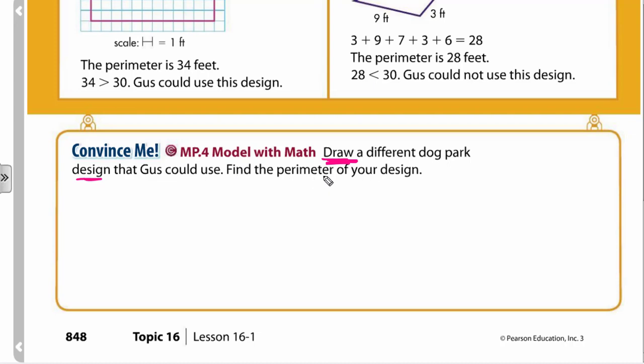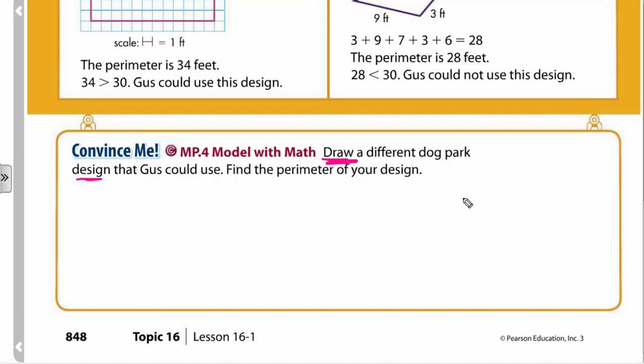And we need to find the parameter of the design to make sure that it's more than 30. Okay, so in this case we will draw, and you may have more than one answer for this question because it's drawing, and you can draw many ways, but make sure that you get 30 or more than 30.